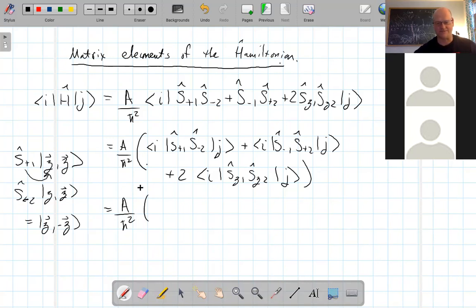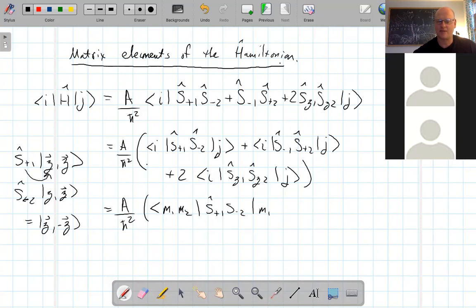Now, the other thing is, it can only act onto the M portion of the state, which means we don't actually care about the S portion of the states. So I'm going to write this as M1, M2. This is the magnetic portion of the first particle, magnetic portion of the second particle. State S plus 1, S minus 2.